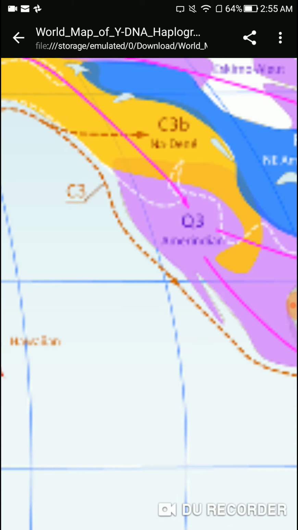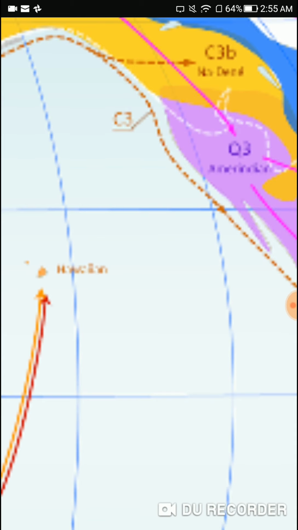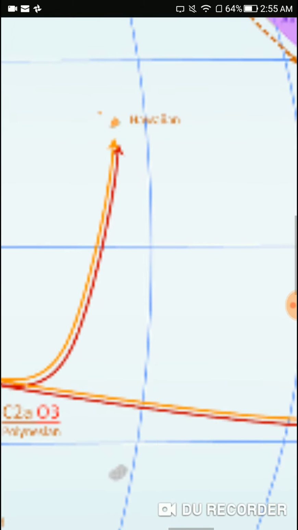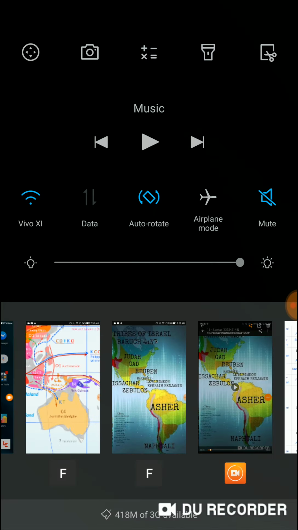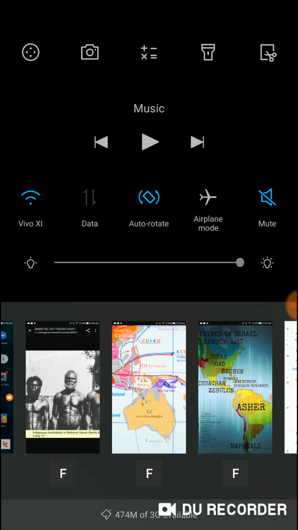The C3 group dealing with C3b and C3a, that group are related to the Shemitic Asian groups of people dealing with the Australian Aboriginal people. The Aboriginal people would be your Moabites. These are the Moabites. C3, the C group of people.